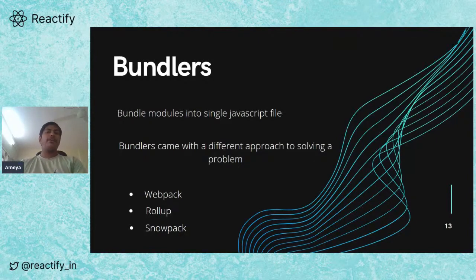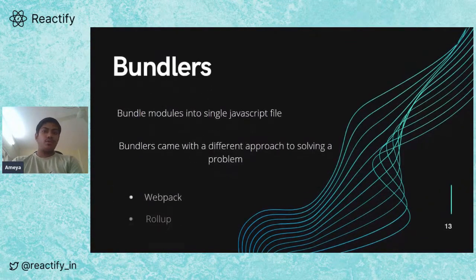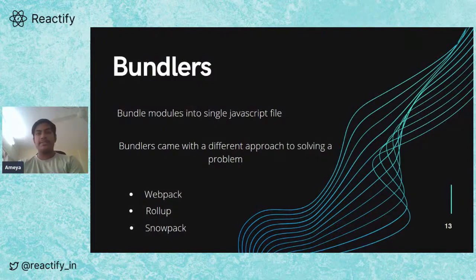Module bundlers are required because browsers do not support the module system, although this is not entirely true nowadays. A bundler loads modules in dependency order and helps in asset management, like images and CSS. All of these bundlers come with a different approach to solving problems that existing tools couldn't solve.